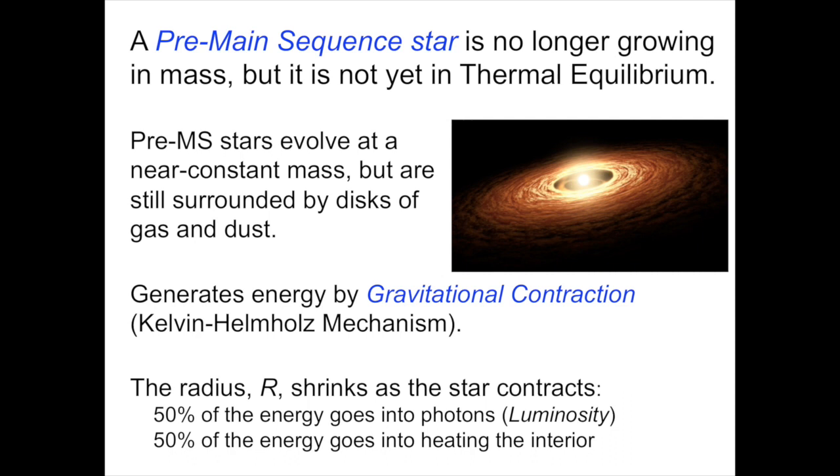As the gas begins to compress, it begins to heat up. And now we're about at the crossroads in the star's formation. At this point, it's not yet a star, but it's on its way to being a star. The next step is it has to reach a point where it's hot enough in the interior to ignite hydrogen fusion. And those are the stages that we're going to examine in the second part of this lecture.